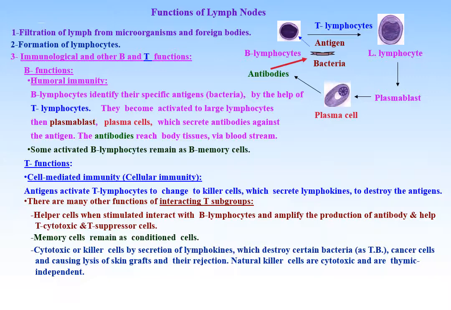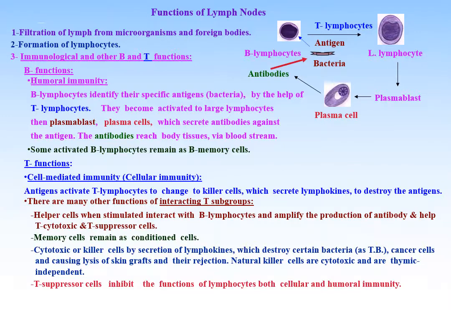Cytotoxic or killer cells by secretion of lymphokines destroy certain bacteria as TB, cancer cells, and cause lysis of skin grafts and their rejection. Natural killer cells are cytotoxic and are thymic independent. T suppressor cells inhibit the functions of lymphocytes, both cellular and humoral immunity.